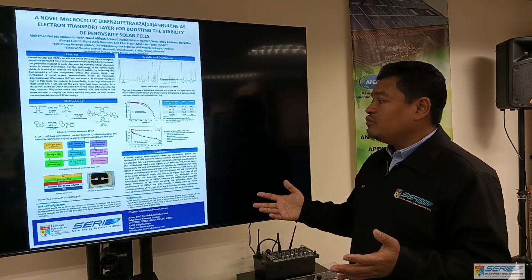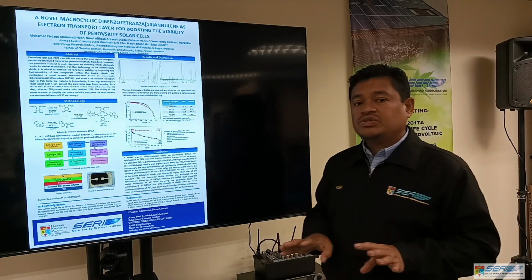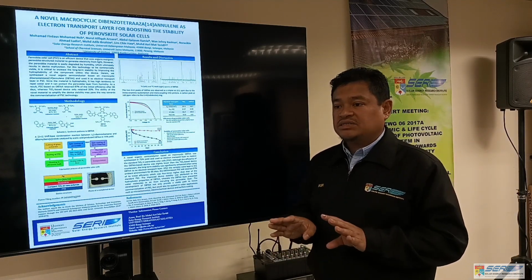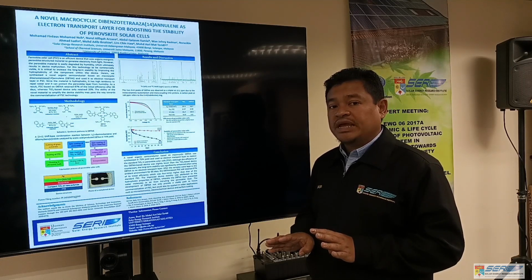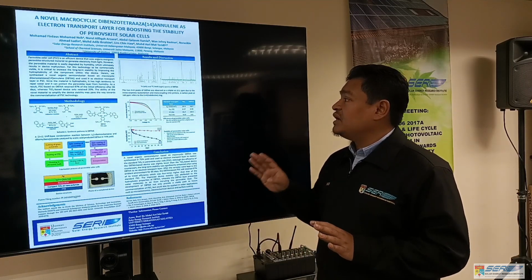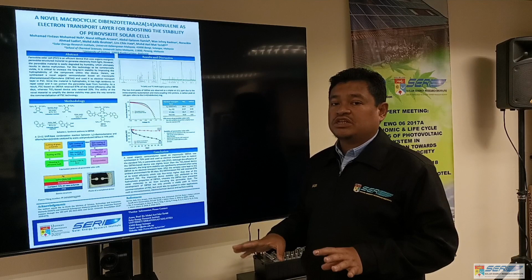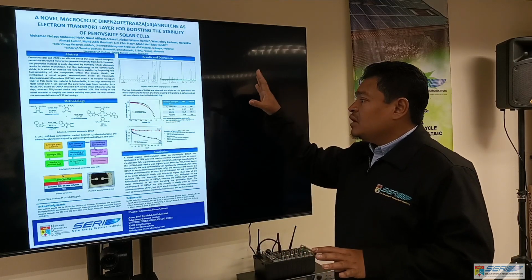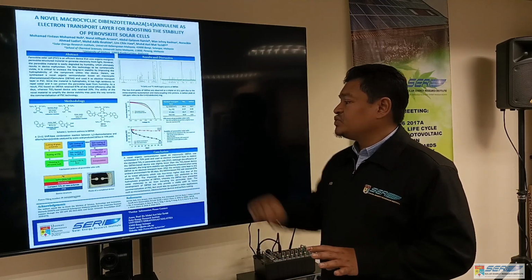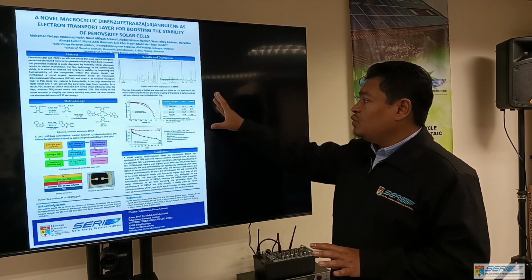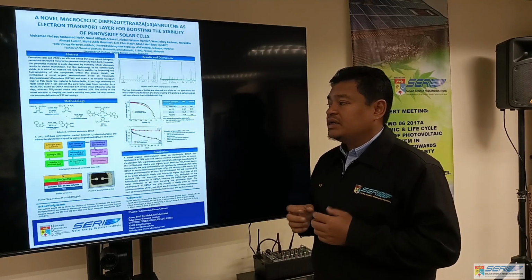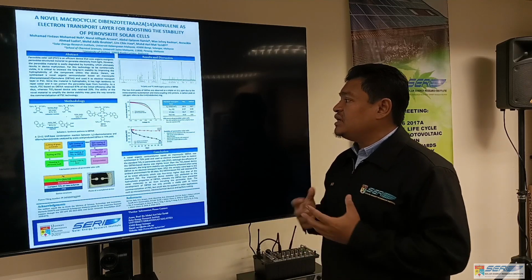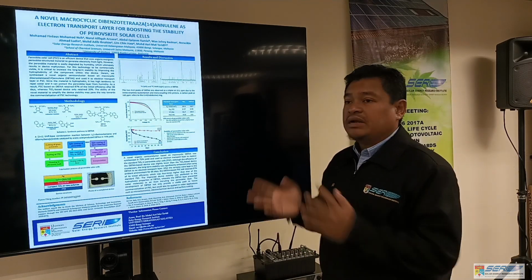To make a comparison, we made two devices. One is based on TiO2 as the electron transport layer, and the other uses DTBAA as the electron transport layer, but the rest is similar to the structure we mentioned before. What we got here is a slightly lower efficiency, JSC and fill factor for DTBAA compared to TiO2.